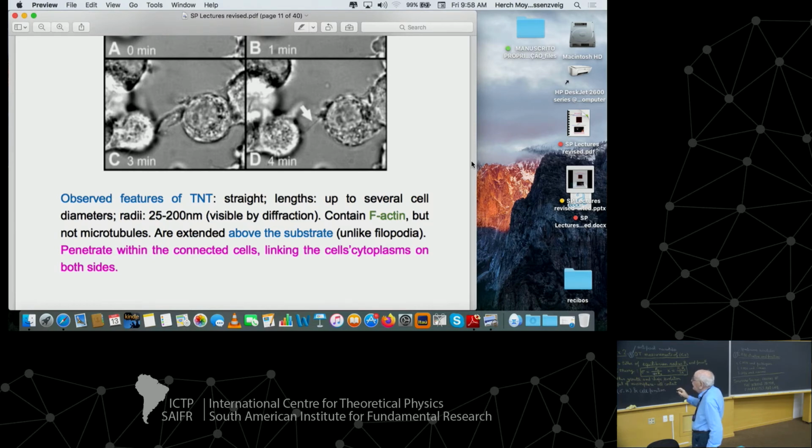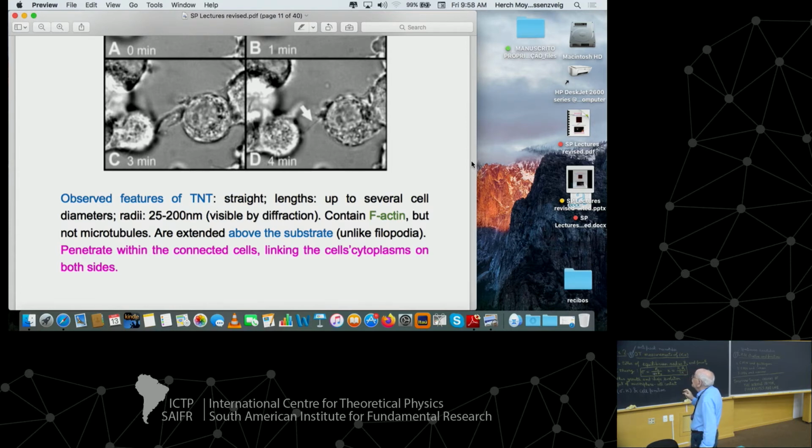And the radii, they estimated between 25 and 200 nanometers. And as I just mentioned, this is below the optical limit of resolution of the microscope, so it's just seen by diffraction. And they determined that inside these nanotubes, there is filamentary actin. Only that, no microtubules.